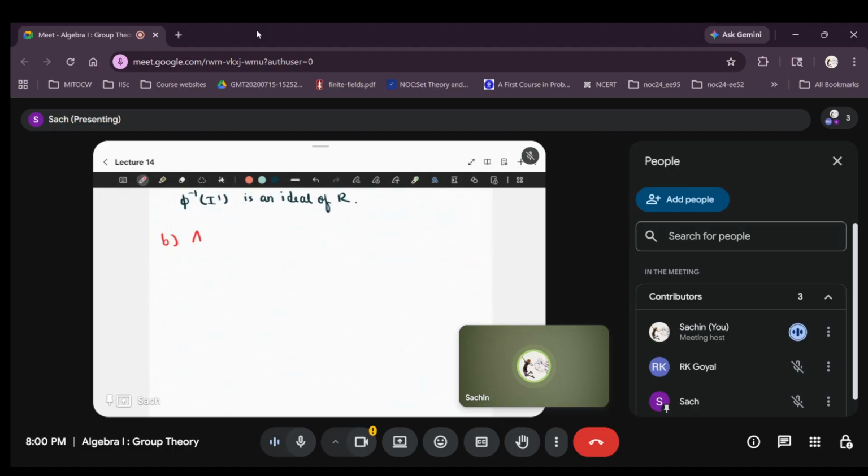Now again, we have to assume phi is surjective, that is, phi is onto R prime. That is, every element of R prime is the image of some element in R. It might be the image of one or more elements in R. Now let I be an ideal.